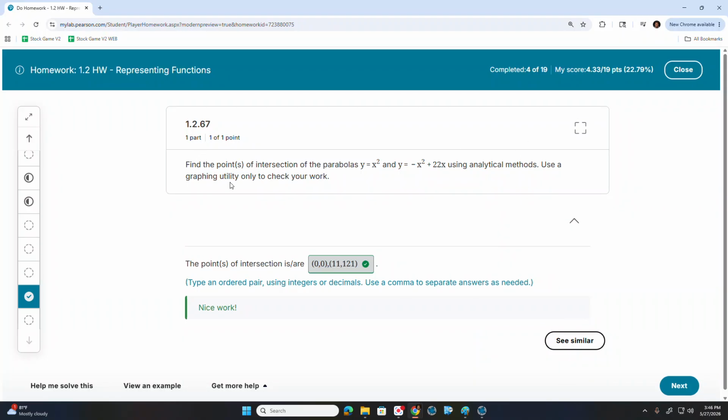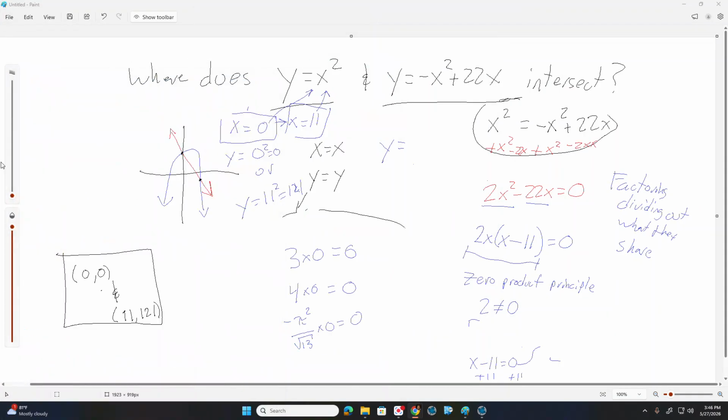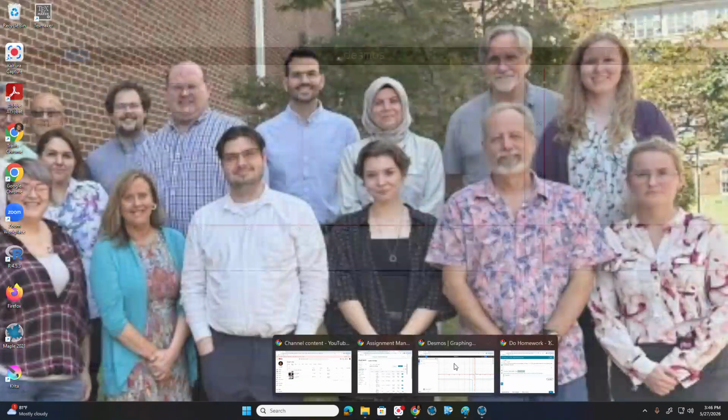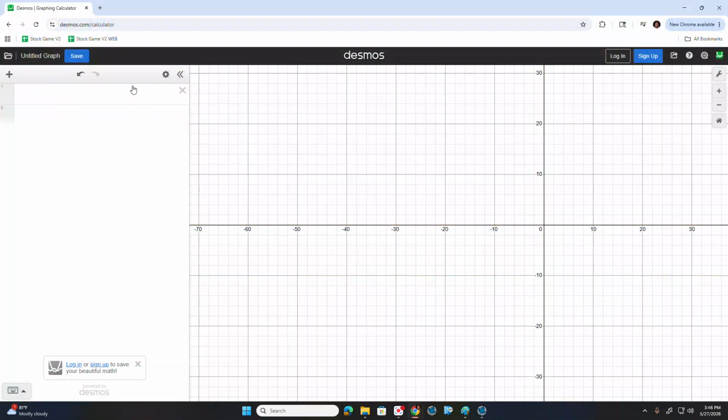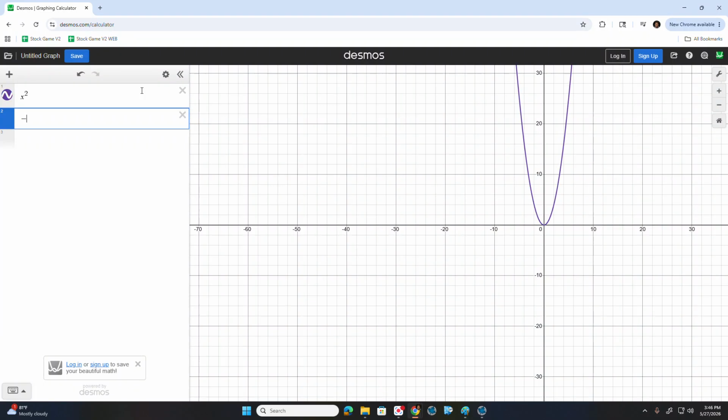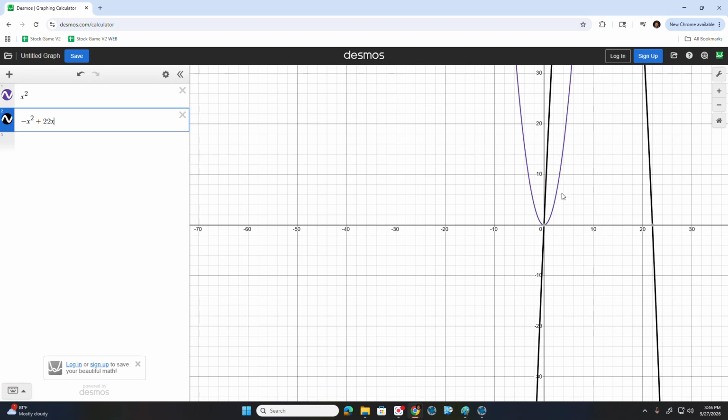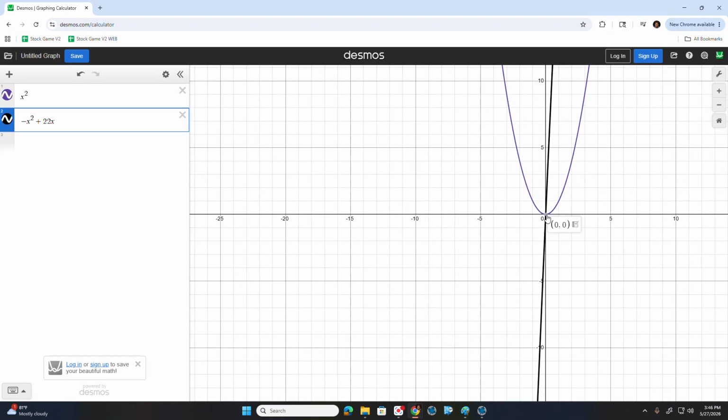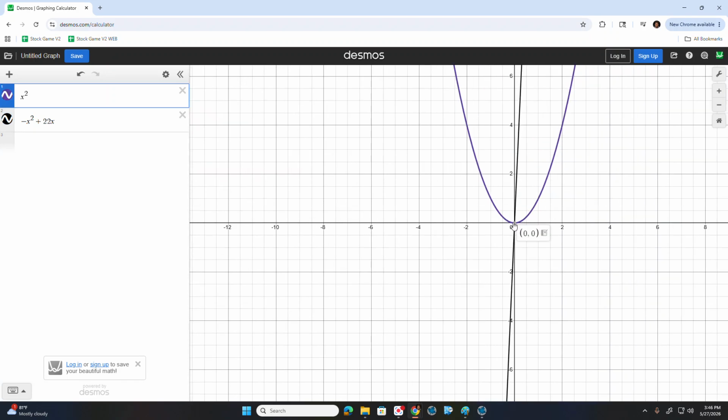Let's use a graphing utility just to make sure that that actually does work out the way that I was expecting. And this is where you can use a graphing calculator. I like to use Desmos just because I think it's the prettiest graph. If we do x squared, and we do negative x squared plus 22x, we can see one intersect point right at (0, 0).